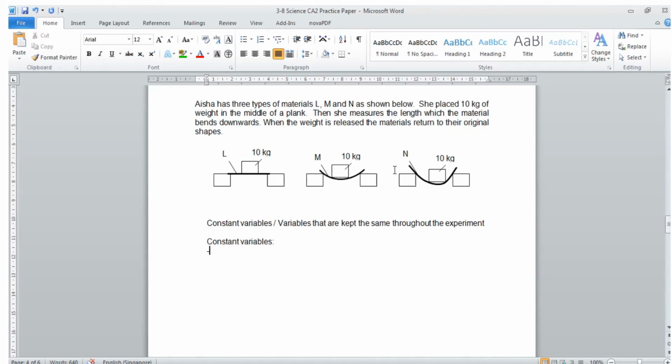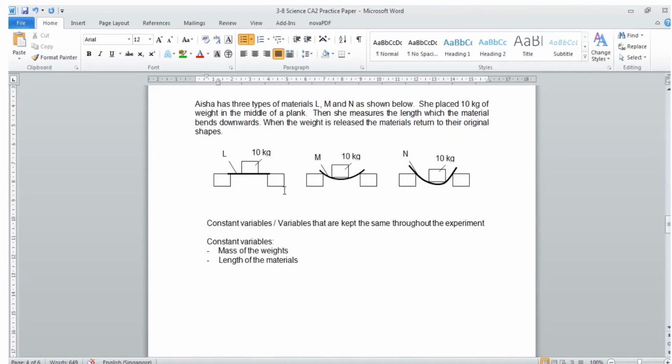Okay? So in this case, what is the constant variable then? We have talked just now, the mass of the weights. Okay? So all of it will be 10 kg, 10 kg, 10 kg. Now what else? Okay, very good. So we talk about the length of the materials. Yeah, the length of the materials here must also be the same.